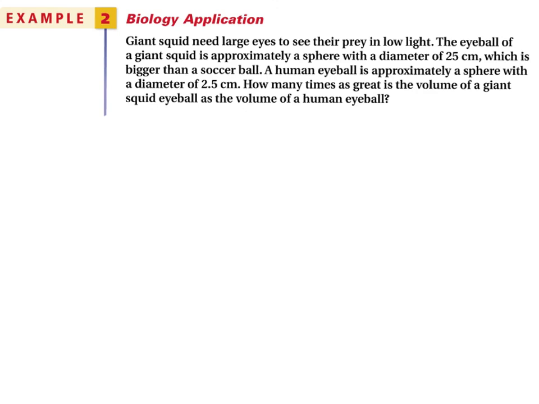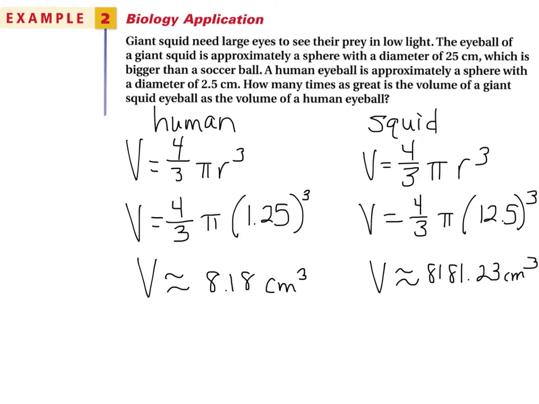So find the volume of each, and you could actually fast forward this video if you want. Actually, I'm just going to skip ahead. So I find the radius of each, plug it in, and here are my answers. The human is approximately 8.2 centimeters cubed, and the volume of the squid eyeball is about 8,181 centimeters cubed.